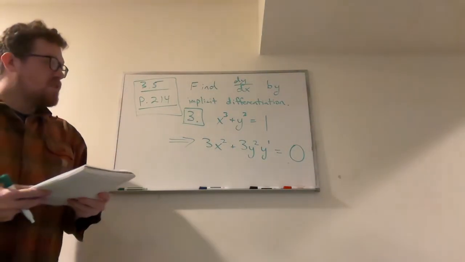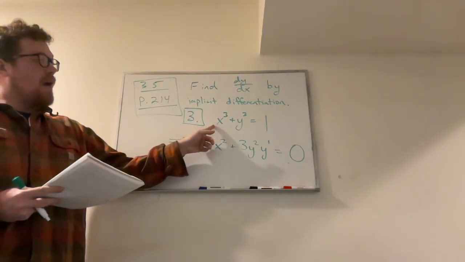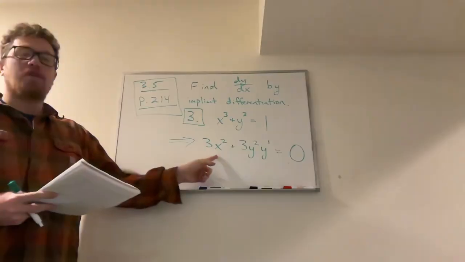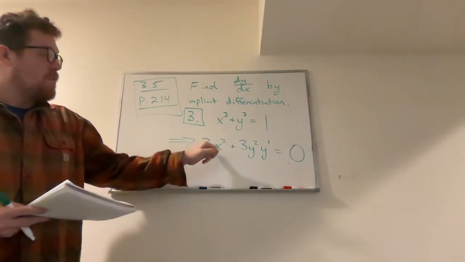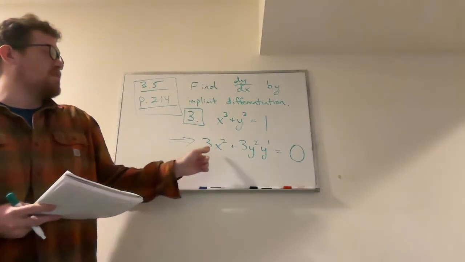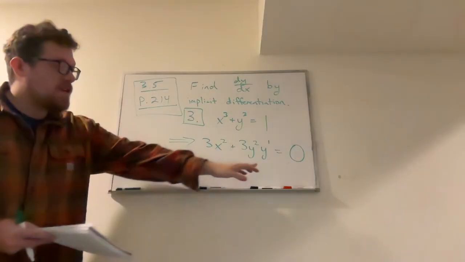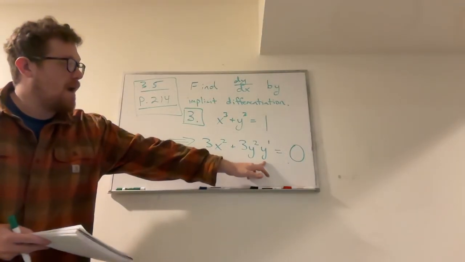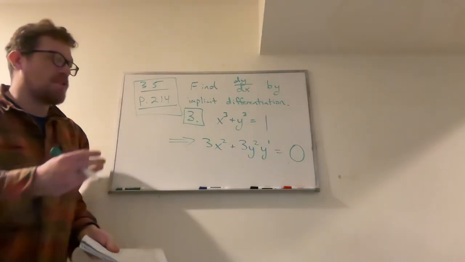Okay, so this relation implies a relation with the derivative, since I can take the derivative of both sides. So the derivative of this must be equal to the derivative of that, so this must be equal to 0. And now we can just solve for y prime, and then we'll have the dy dx in terms of every point x, y.